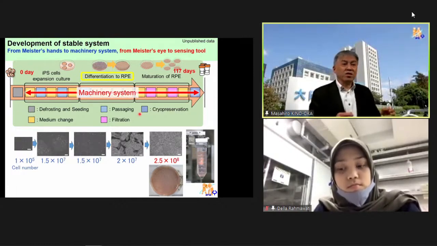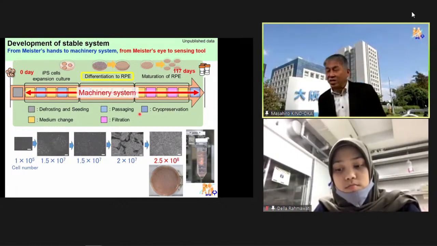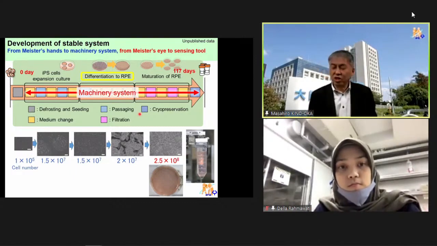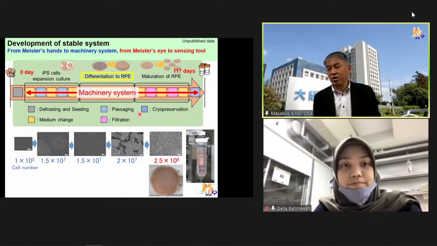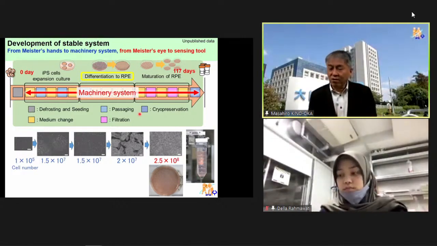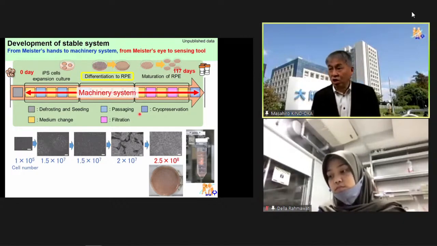In case of the skin from the patient, Japan Tissue Engineering, this company has already done it for more than 1,000 patients. That's our patient cells. For cartilage, chondrocyte cells, this Japan Tissue Engineering company already got approval from the government and has already done it for more than 100 patients.